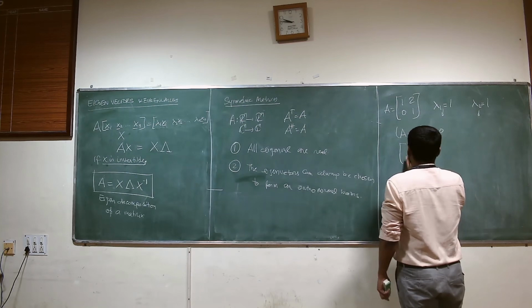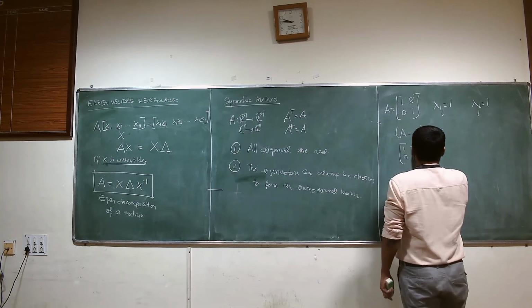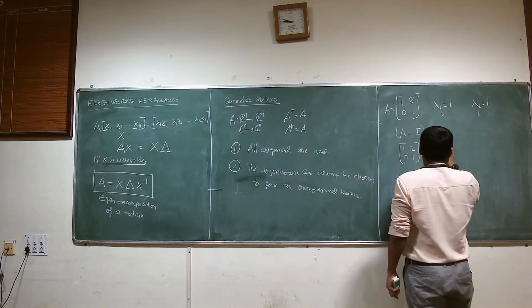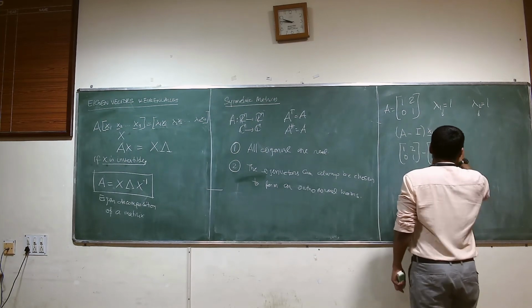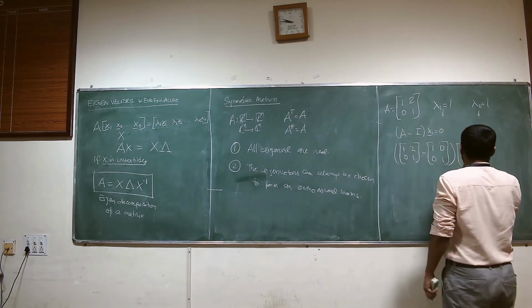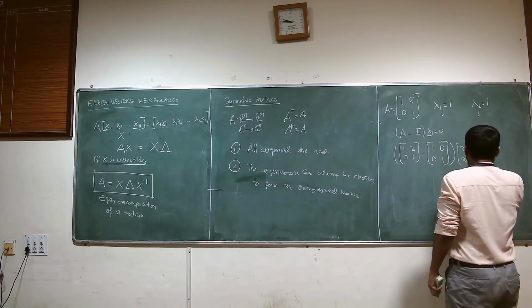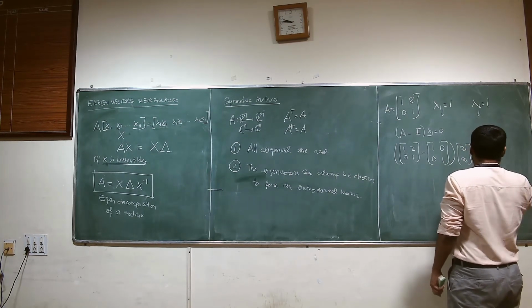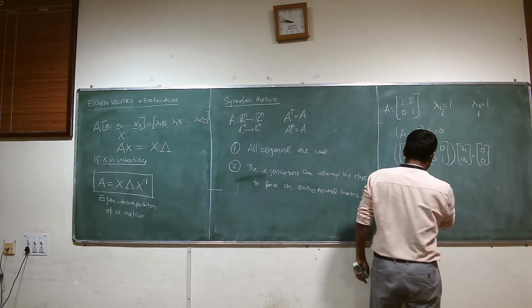So this will be 1, 2, 0, 1 minus 1, 0, 0, 1.